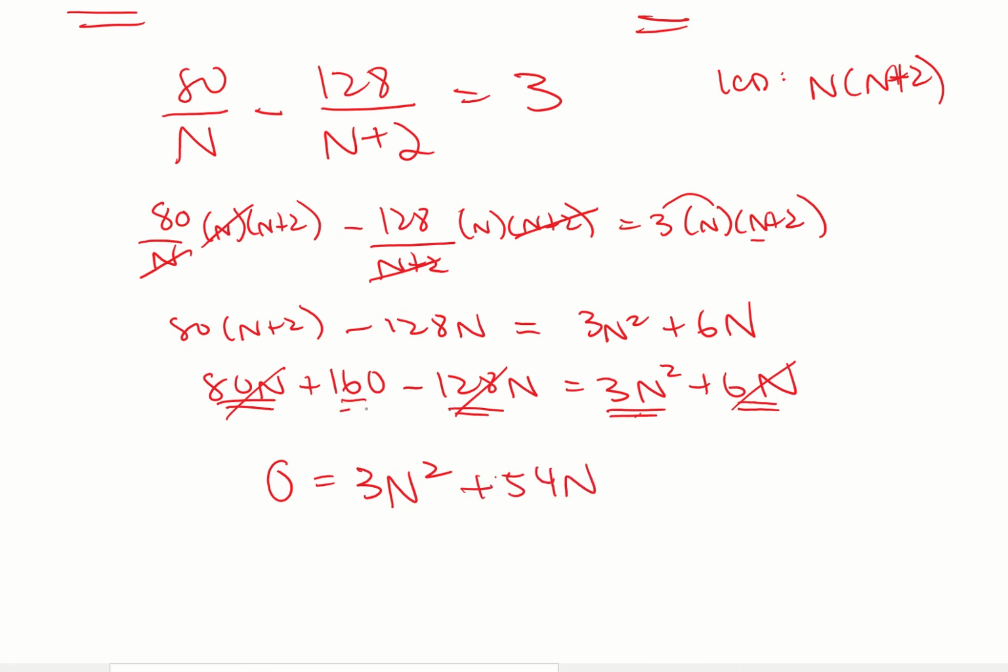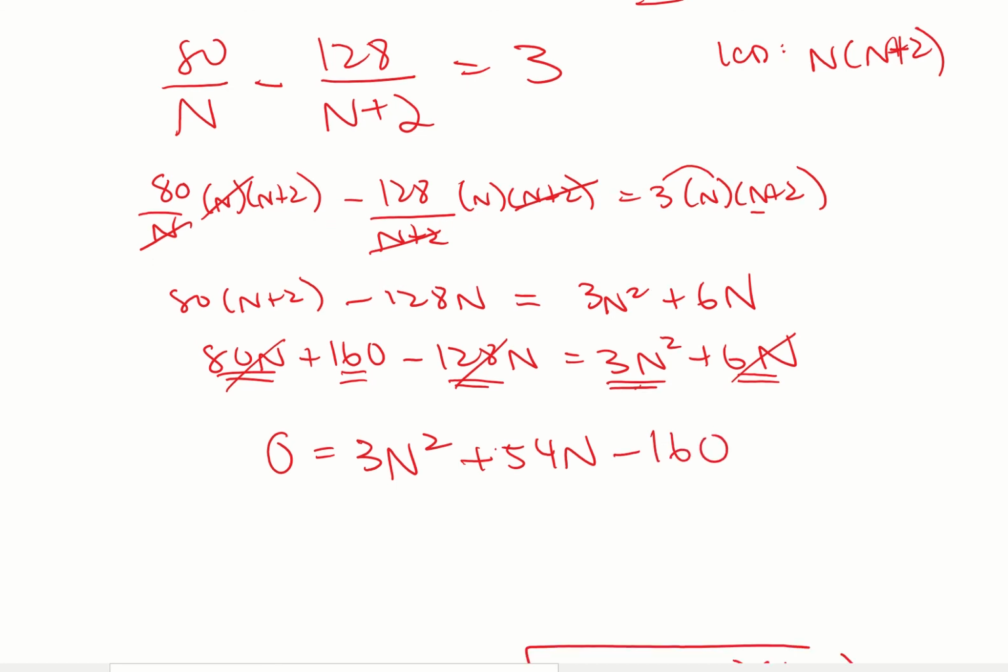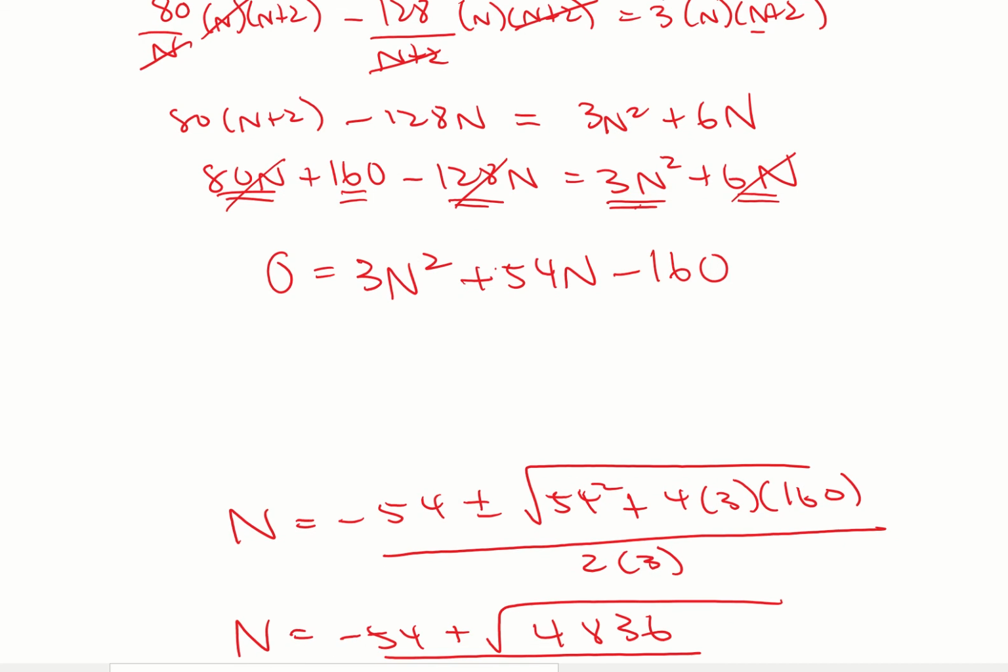And the 160 over here is positive on the left, you move it to the right, gives you minus 160. So after this, all I did was use the quadratic formula. So A is equal to 3, B is equal to positive 54, and C is equal to negative 160.